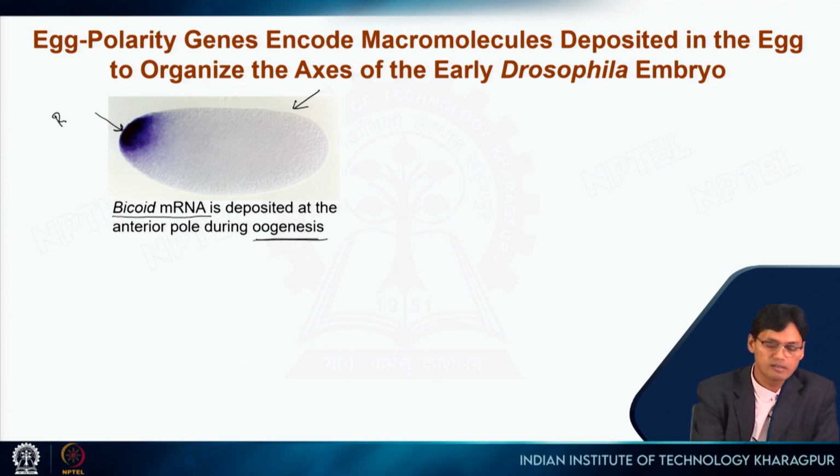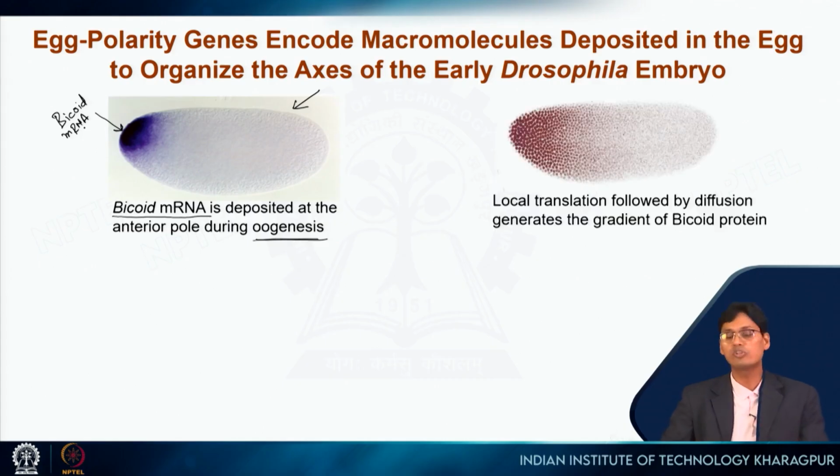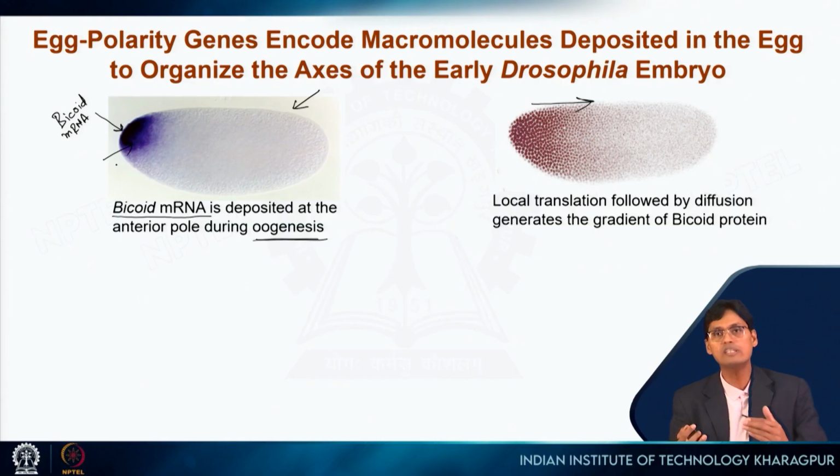Somehow this bicoid mRNA is restricted to one pole. Because the mRNA is restricted to that pole, it is getting translated, so we will get a concentration gradient of protein. Because the mRNA is present here, there will be more translation there. After translation, the bicoid protein slowly diffuses through the egg.